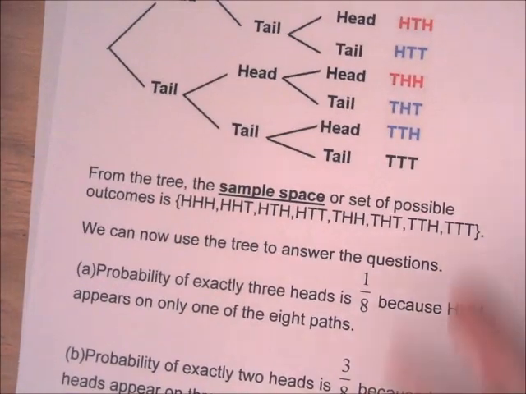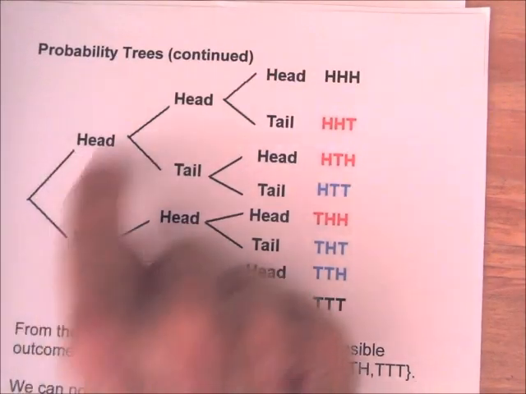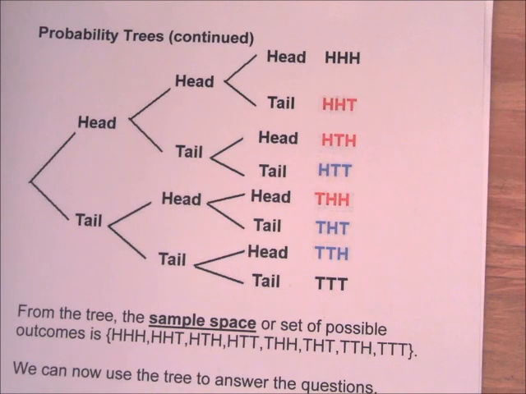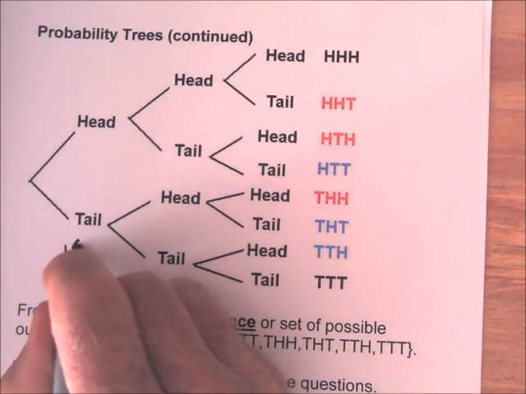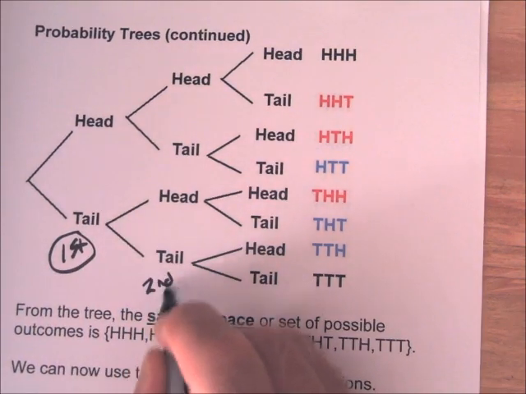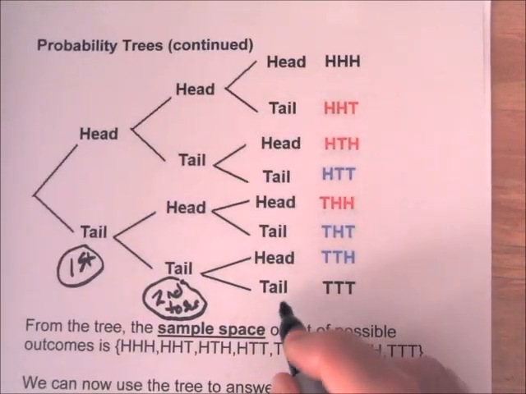Okay, so here's our tree. Again, each of these probabilities is 1 out of 2, but I'm not going to bother to write them. The first toss is either a head or a tail, and likewise the second toss is a head or a tail, and the third toss is a head or a tail.